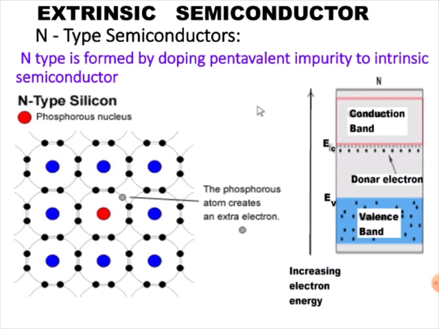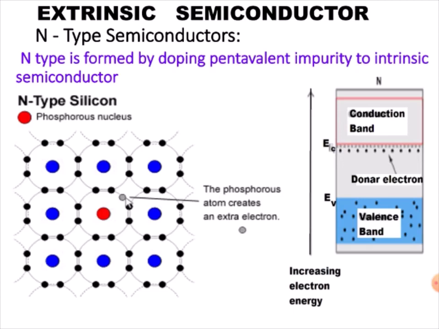But when the pentavalent impurity atom is added, there is a lone electron. Its energy level is well above the valence band and comes just below the conduction band. These are the donor electrons.